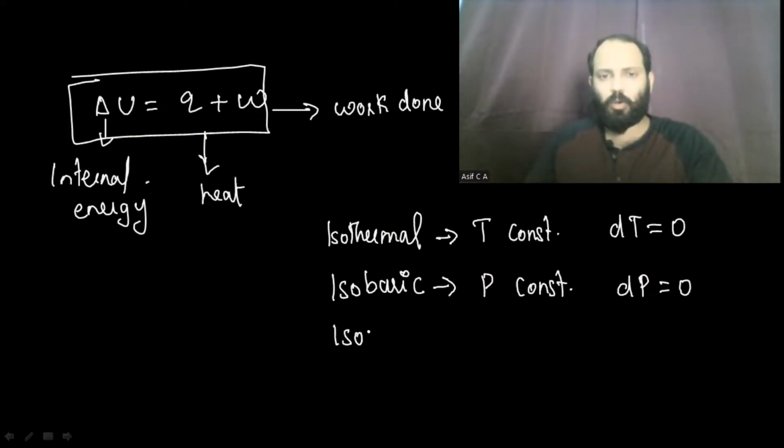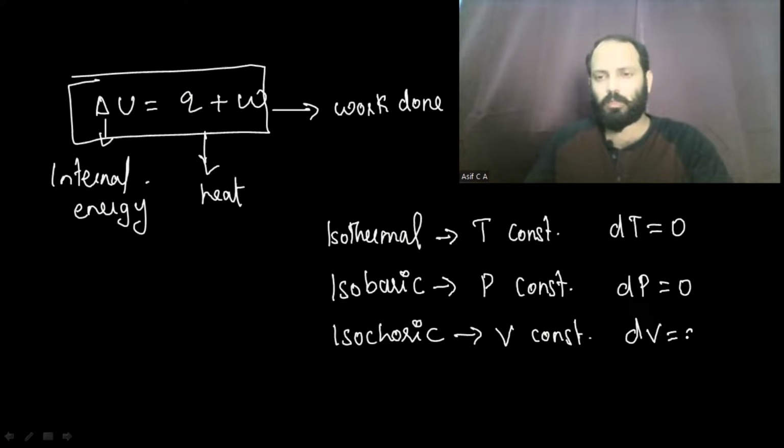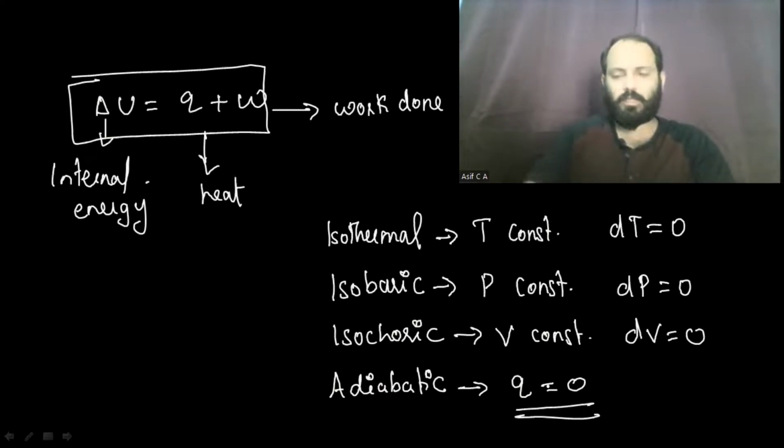Then isochoric process: volume is going to be constant, so dV is equal to 0. Then we have the adiabatic process, where Q will be 0. No heat is transferred, no heat gain, no heat loss.